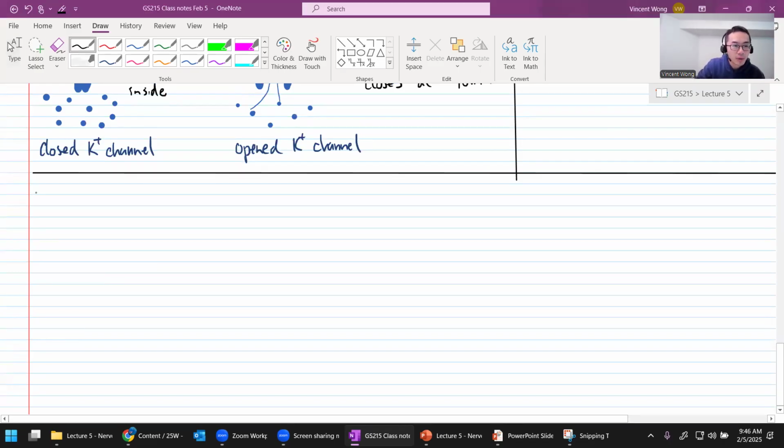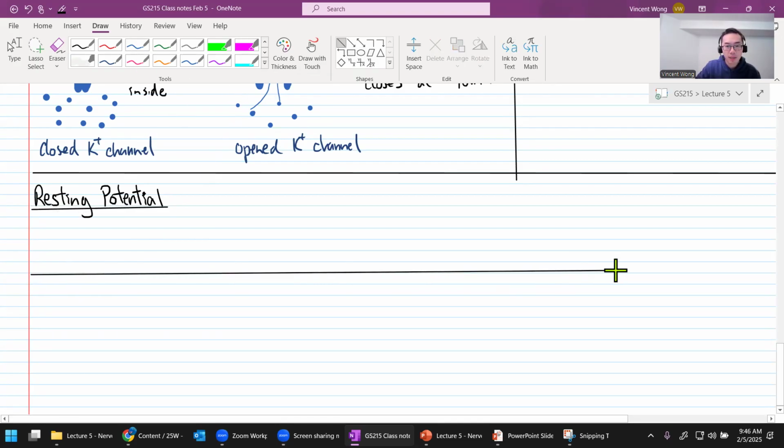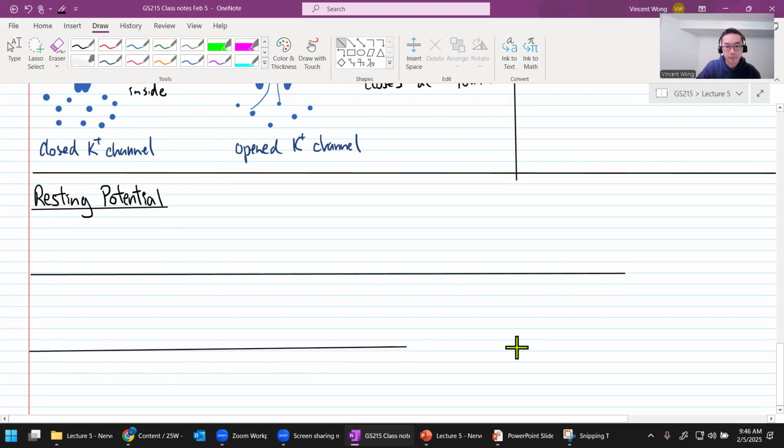Let's start with resting potential. Resting potential right here. We're going to draw this thing, and try to draw it nice and big, because lots of information will go onto the drawing.